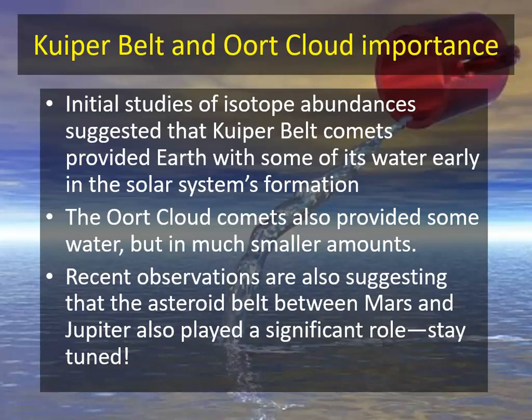We'll have more to say about the asteroid belt later in this unit. But that's something to keep in mind as one of these big results of recent planetary astronomy in our solar system, the realization that we actually probably got our water from the asteroid belt, which seems kind of strange because of the fact that most of those bodies there are pretty rocky, but not all of them.